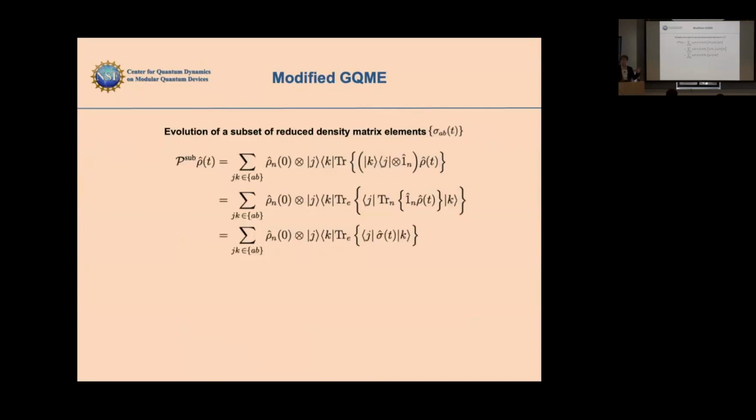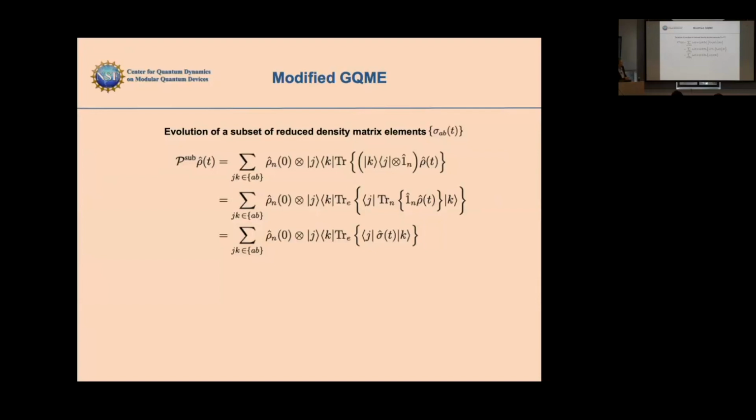Here's the other option that we call the modified GQME, and you can make your choice for the projection operator, but here it's the projection into a subset of electronic elements. So basically, one computes the trace of the density matrix, which is the coefficient in the expansion in this basis, corresponding to that element, pointing in that direction, and you sum over all of the elements that you want to include in your set.